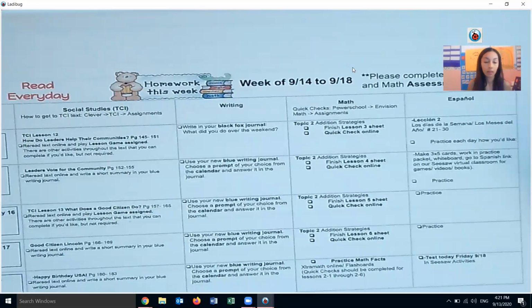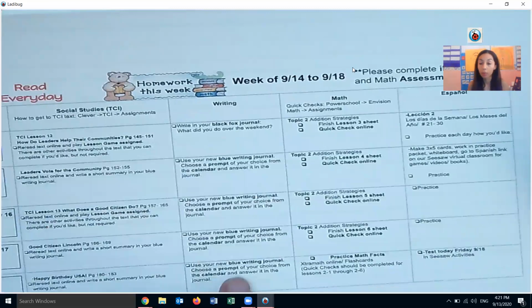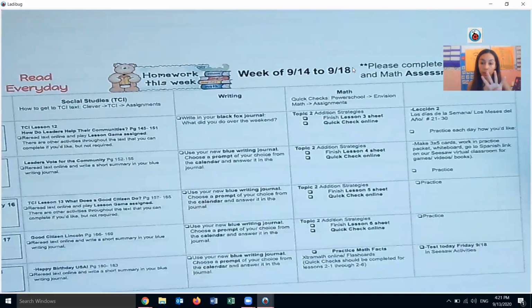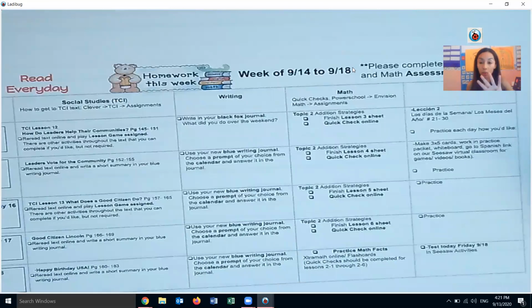Do your best writing, your best spelling, so I can understand it. Ask your parents for help, or just do your best with sounding out. So your blue writing journal, so again, you're just choosing a prompt of your choice per day. So by Friday, you're gonna have 4 different writing pieces in the blue journal.